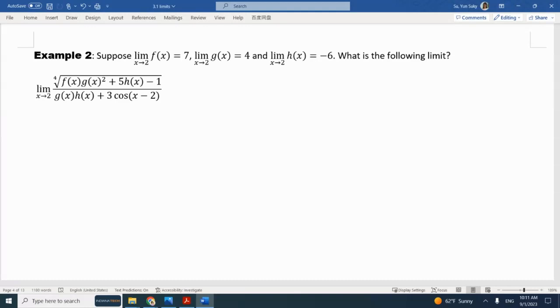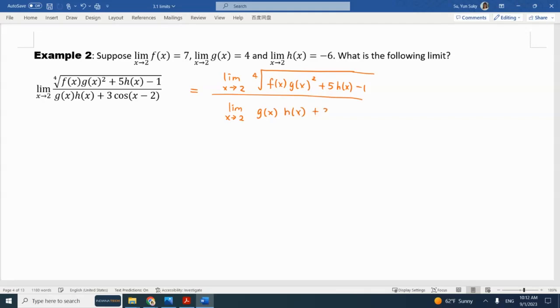So let's do that. Okay, so that equals, please carry your limits all the step when you still have the x. All right, so this is the fourth root of f of x, g of x squared plus 5, h of x minus 1. And then denominator, we have g of x, h of x plus 3 cosine x minus 2.